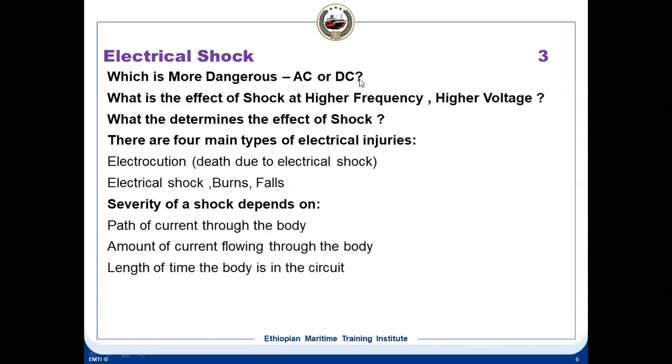DC 230 volt is equivalent to the RMS voltage of AC 230, but the peak voltage of AC is going to be about 325 volt, because peak voltage in AC is equal to root 2 multiplied by the RMS voltage. So in this way, AC is much higher, and the shock from the AC is going to be higher.